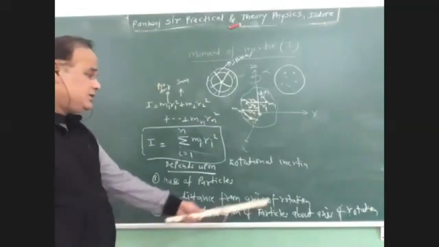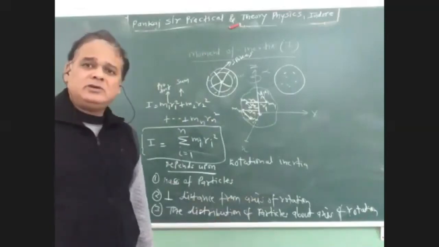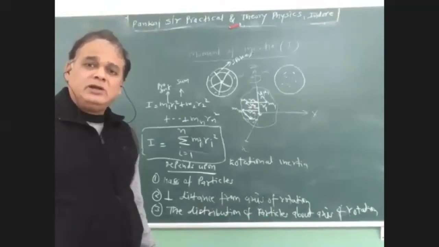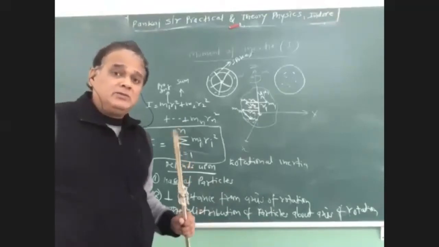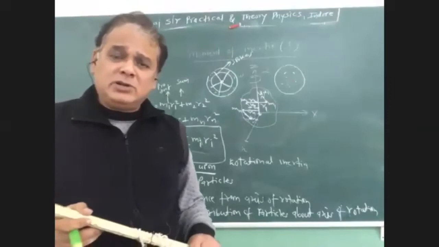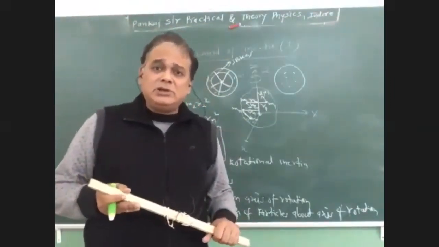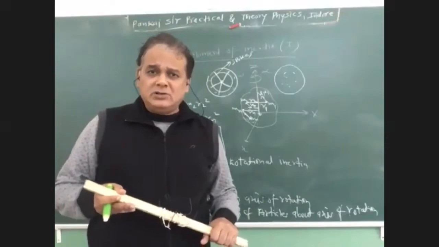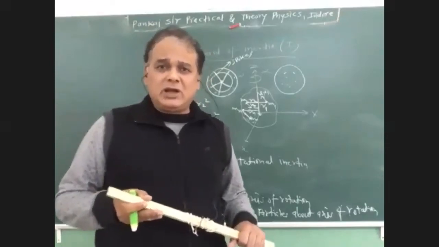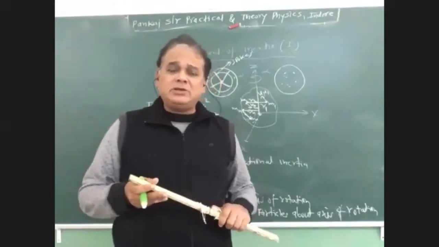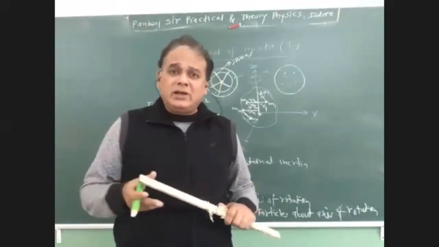The distribution of mass about the axis of rotation. So moment of inertia is very important. Again, listen very carefully. If moment of inertia is more, then the body can rotate for a longer time and the motion is jerkless. Sometimes it was asked in the examination, in a flywheel, why is most of the mass at the rim?